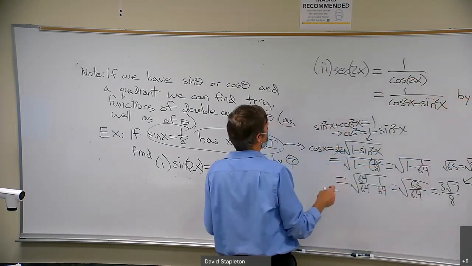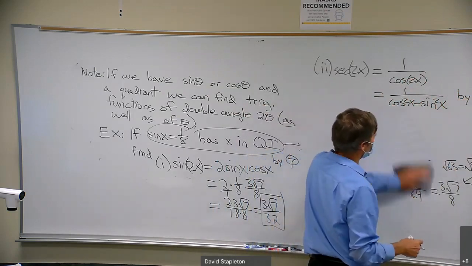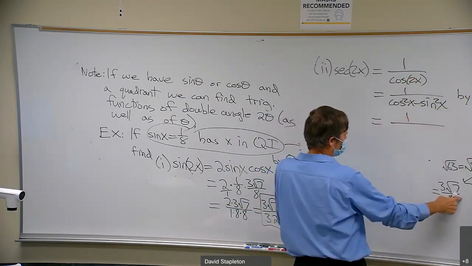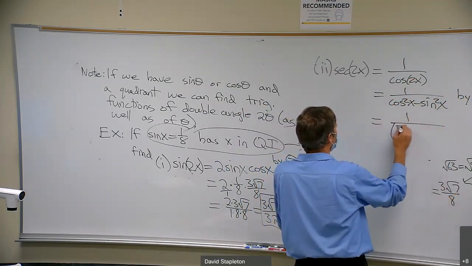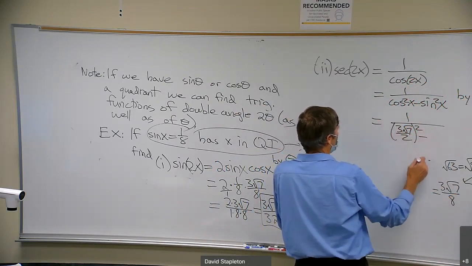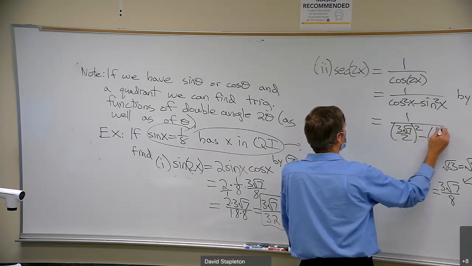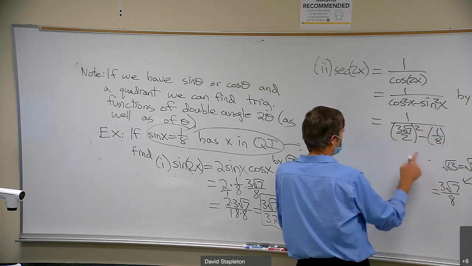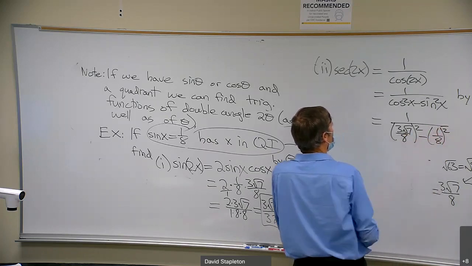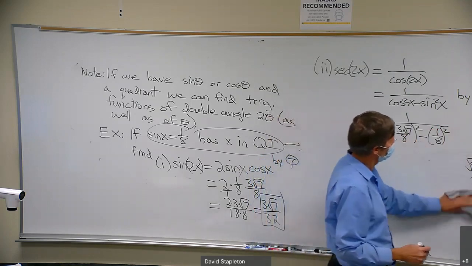And now I can find the secant of a double angle. So you can see now you can get all 6 trig functions this way. Now we just found that cosine was actually 3 square root 7 over 8. Sine was given as 1/8. And so I've got that expression, cosine squared minus sine squared.